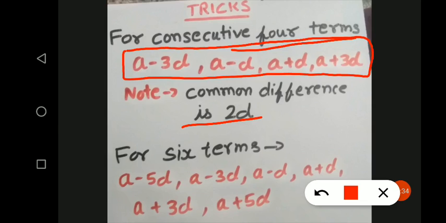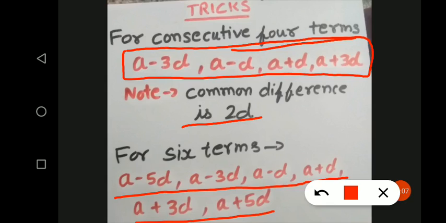Similarly, for 6 terms we can take A minus 5D, A minus 3D, A minus D, A plus D, A plus 3D, and A plus 5D. Now see the pattern. If you add all these terms, all the D will get cancelled and you get an equation in only one variable, due to which we can find out the first term very easily.